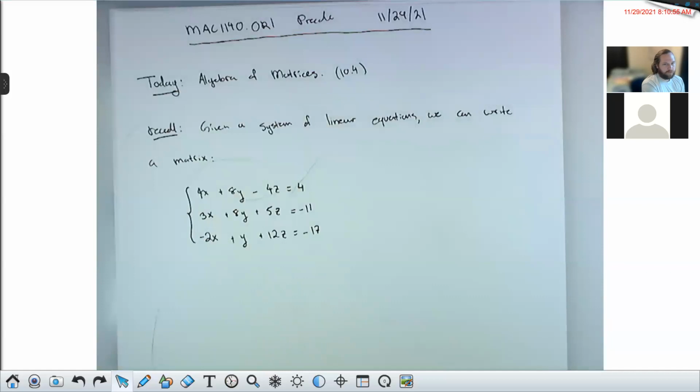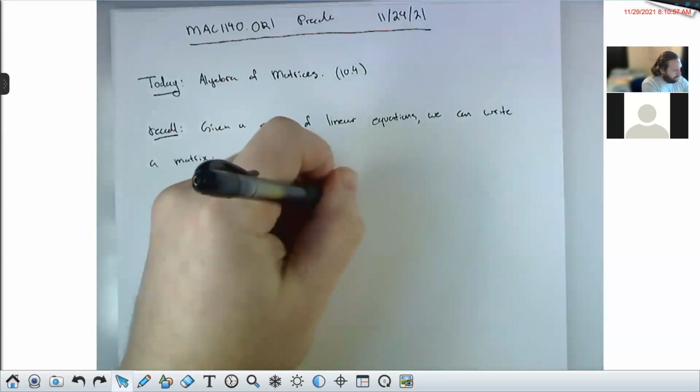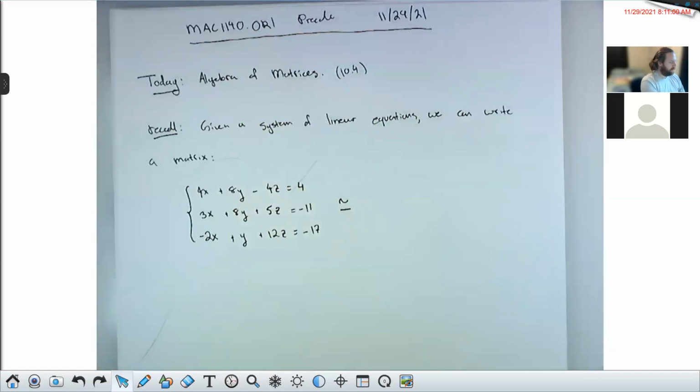I can take this system and rewrite it as the so-called augmented coefficient matrix.